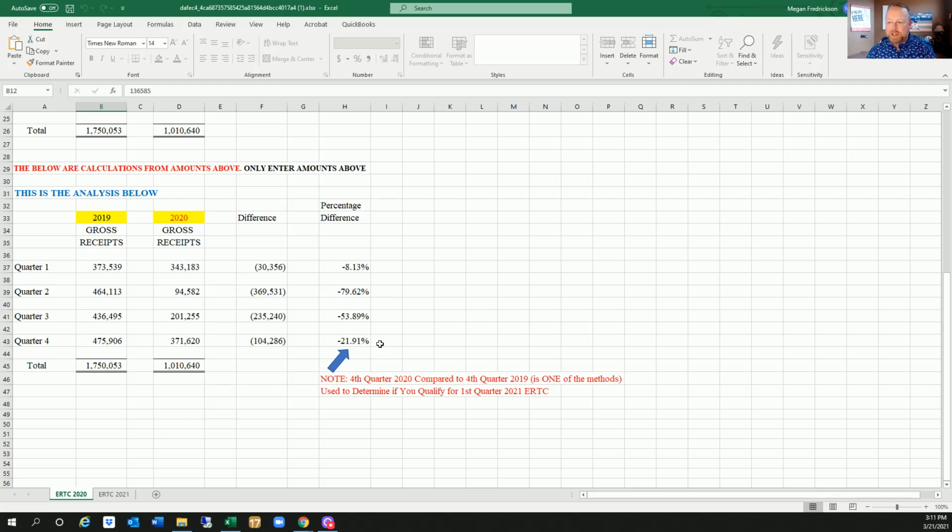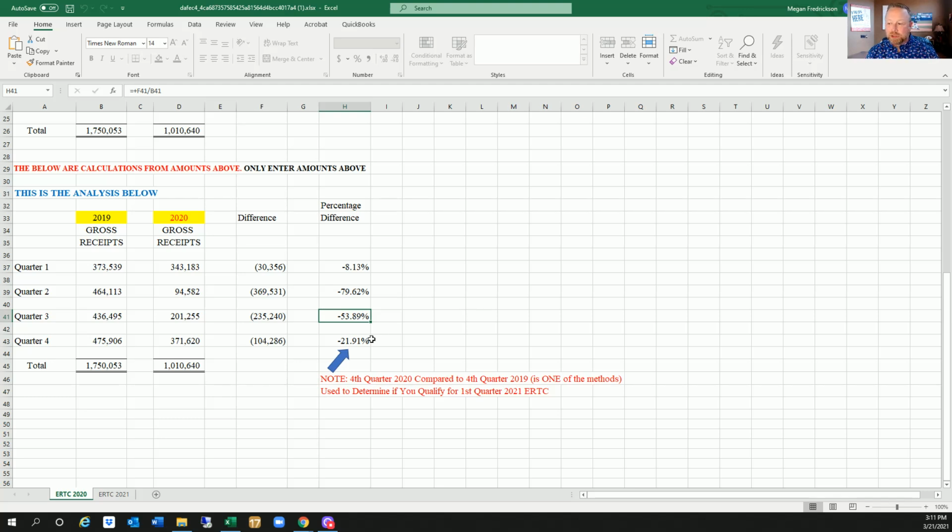And in this example, this person would, of course, qualify in quarter 2 and quarter 3 and would continue to qualify in quarter 4 of 2020 because the amount of reduction in quarter 3 was more than 50%. So in 2020, they qualify automatically for the next quarter. And it doesn't matter.